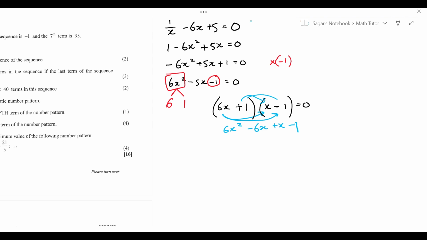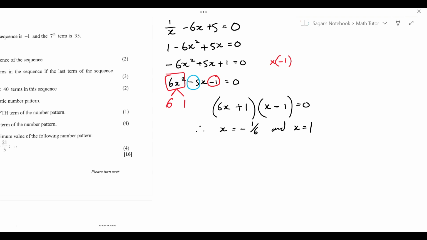So the larger value has to be negative in order to get the minus 5x, and so this is perfect. That works. So therefore x is equal to minus 1 over 6 and x is equal to 1.